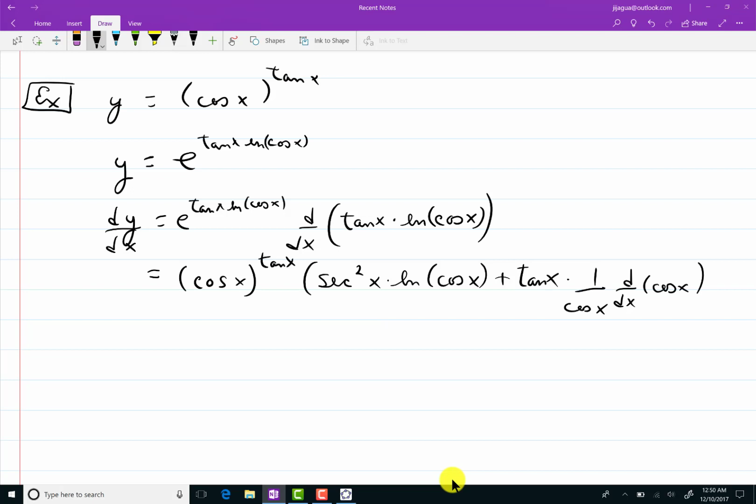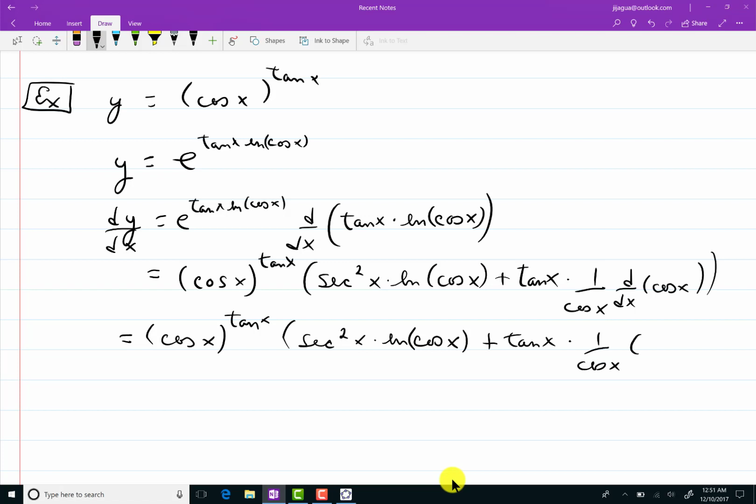Now, you'll get better at this on the fly. I'm trying to take more steps than perhaps you will when you get comfortable. But the whole point of doing plenty of examples is that you do develop that comfort. So I have cosine of x to the tangent of x times, in parentheses now, secant squared of x times ln of cosine of x plus tangent of x times 1 over cosine of x times negative sine of x.